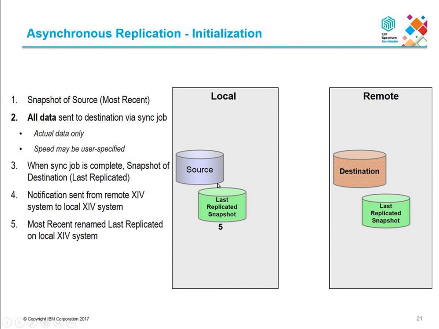When I calculate the differences between the most recent and the last replicated, I do those in byte order, not write order. So until I get that whole set of differences down to the remote volume, that volume is in an indeterminate state, which is why the recovery point is always the last replicated snapshot and not the volume itself.